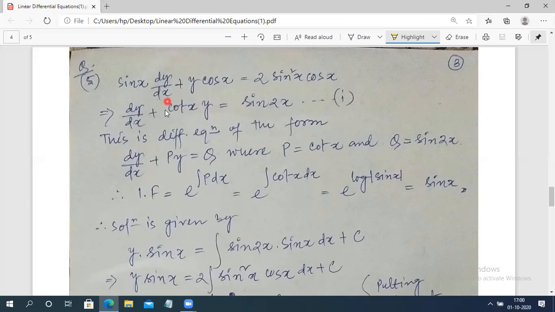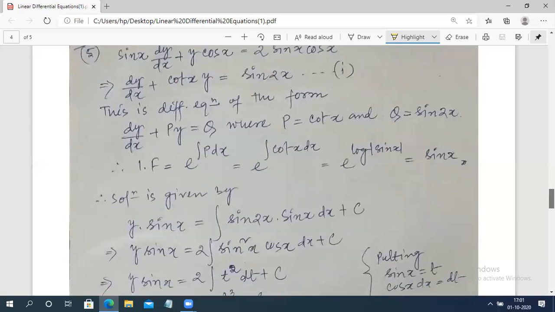So p is your cot x and q is your sin 2x. So the integrating factor will be e raised to the power ∫p dx, so e raised to the power ∫cot x dx, and the integration of cot x is log of sin x. So it will be e^(log sin x), which is only sin x. Okay, so this is your integrating factor.